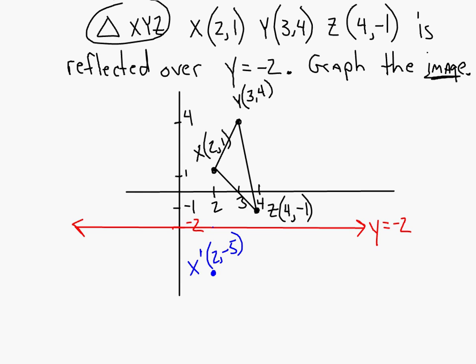And right here, point Z is 1 unit away from the line of reflection. So it's going to stay 1 unit away, but it's going to be on the bottom. So Z prime is going to be at 4, -3.